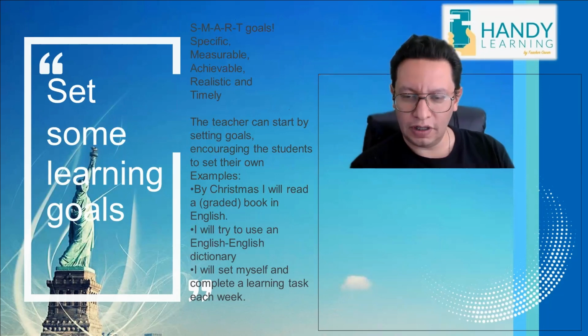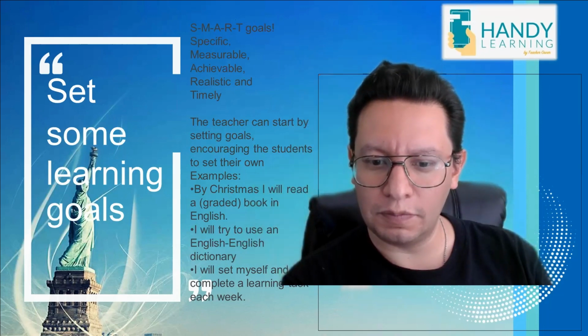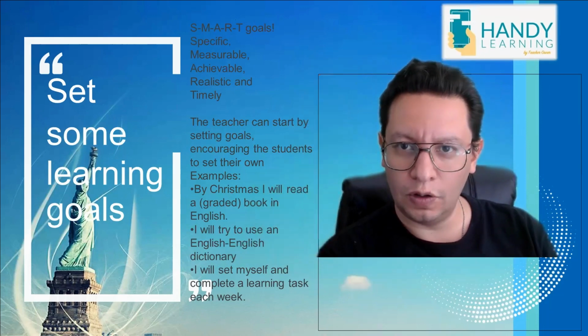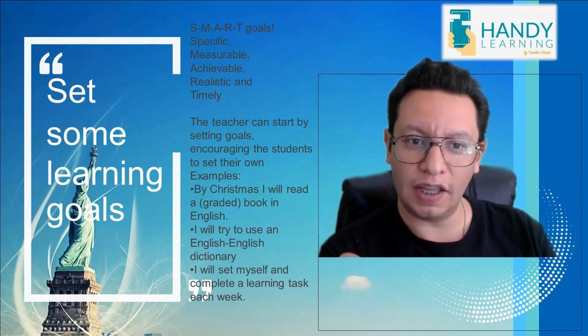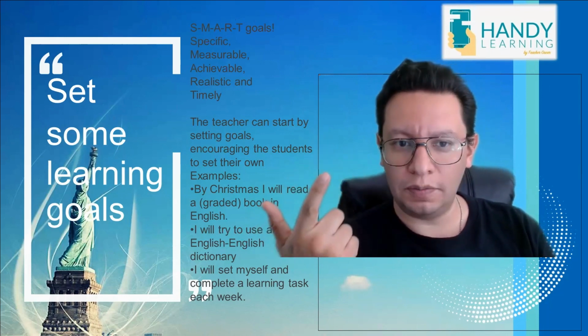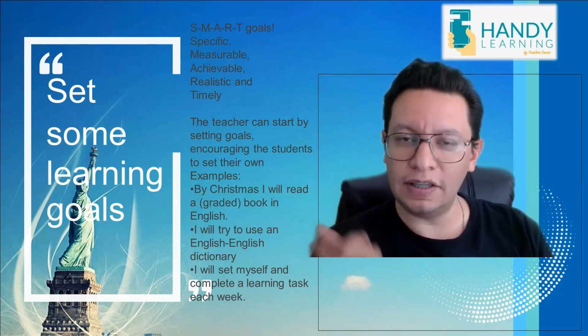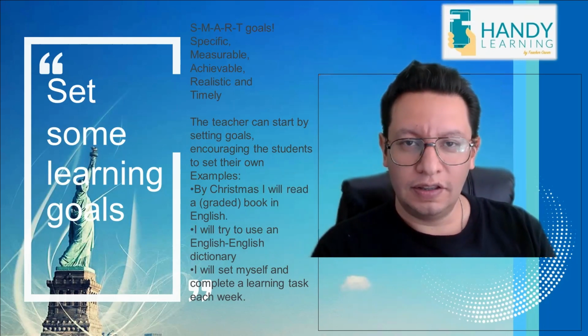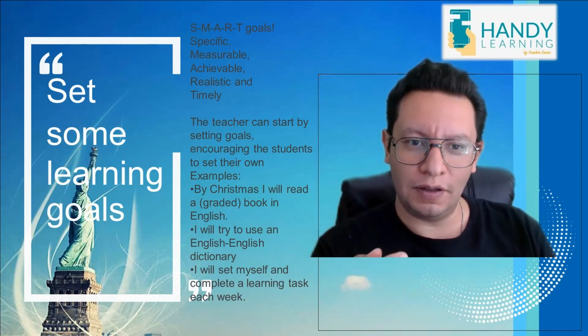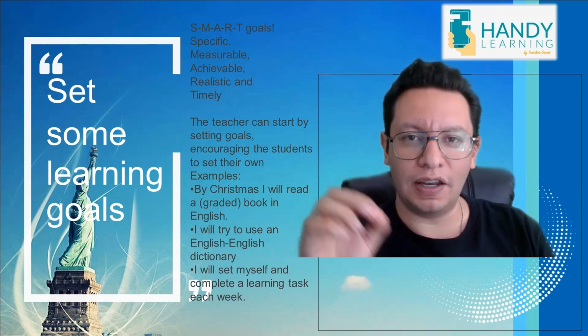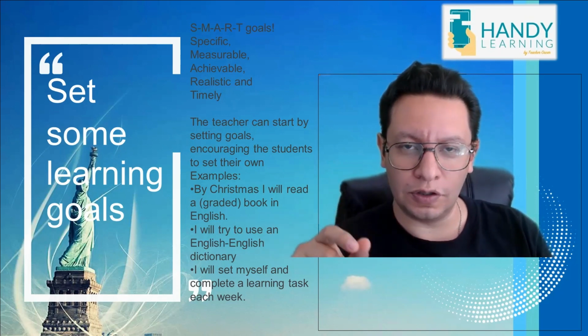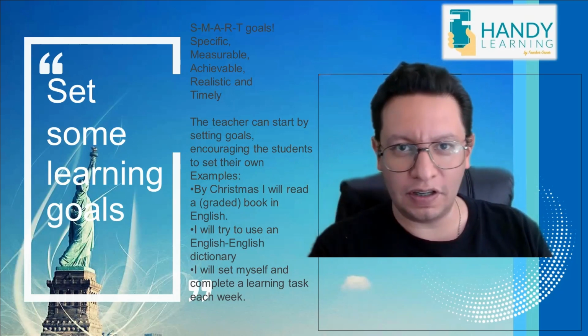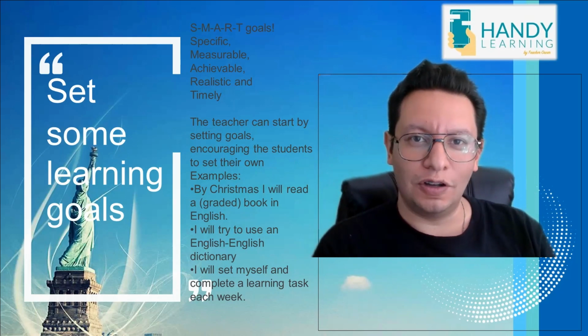Finally, you need to make sure that you are giving SMART goals. SMART is an acronym that stands for specific, measurable, achievable, realistic, and timely goals. That means that you need to give them a specific goal, like by the end of a lesson, you will learn how to use 3 sentences in present continuous. That's also measurable.